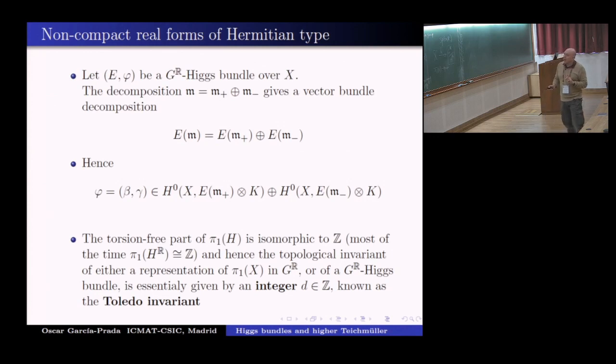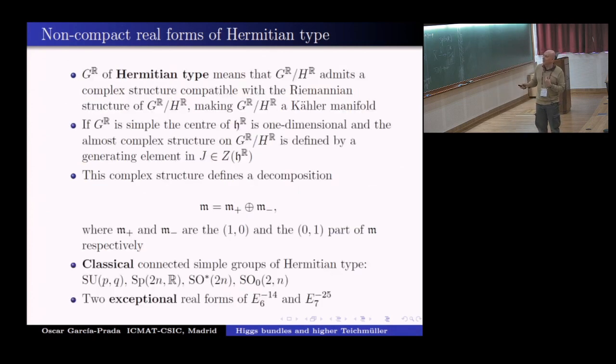The fundamental group of H is actually isomorphic to Z. I say here most of the time because sometimes there is a torsion element. In fact, of the list that I gave you before, the existence of torsion only happens for this group here, because the maximal compact also has an SO(n) here, which gives you some torsion.